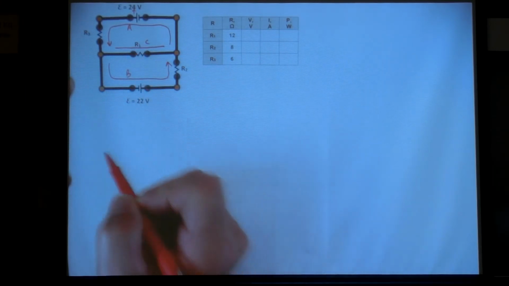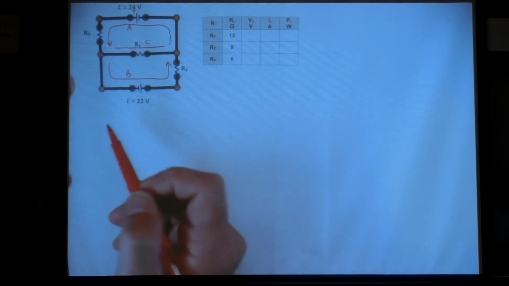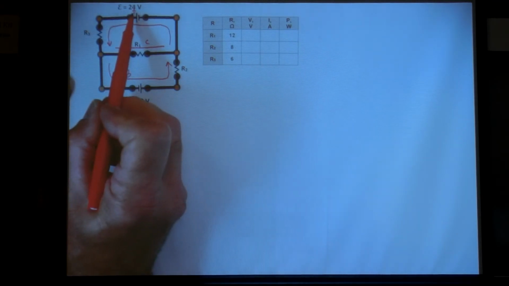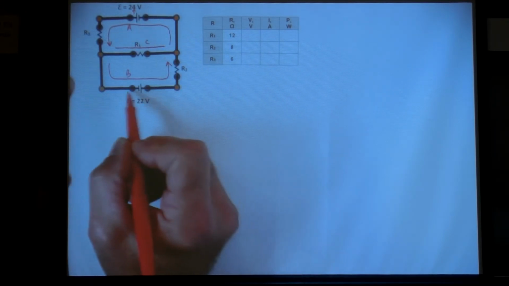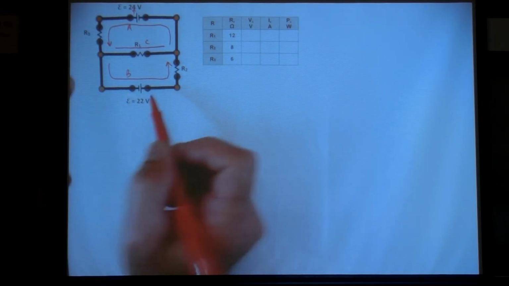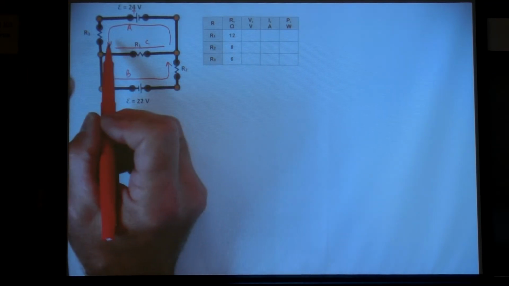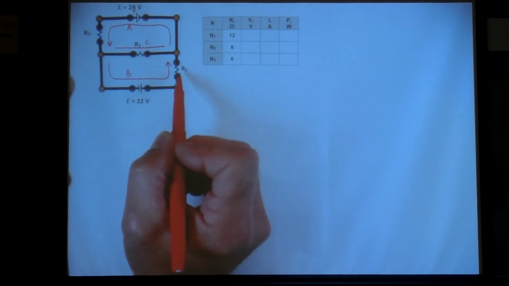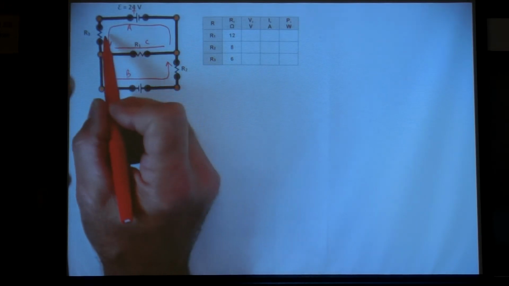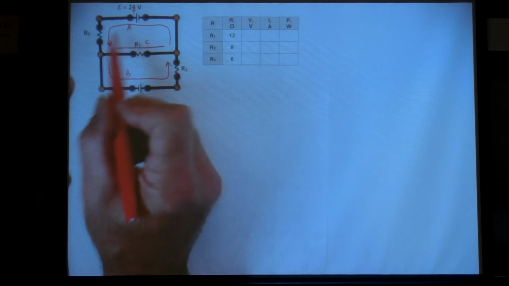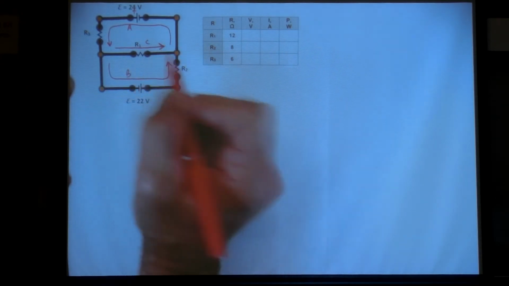Which one of those do we think is bigger? You say, well, this one's got 24 volts, so it's more powerful, so it would push harder than the 22 volt, but the 22 volt has a bigger resistance, so that'll mean it has less current. R3 is a little less, so I'm going to assume it again is this way.